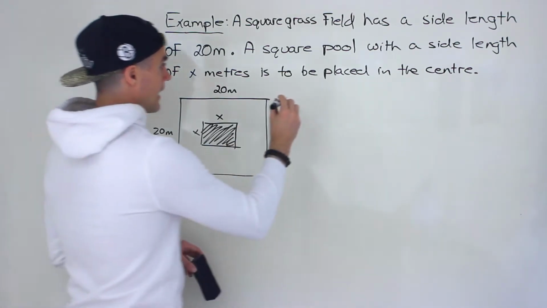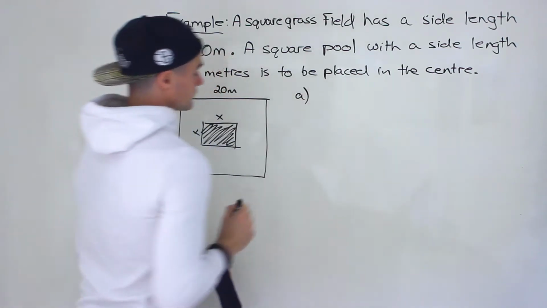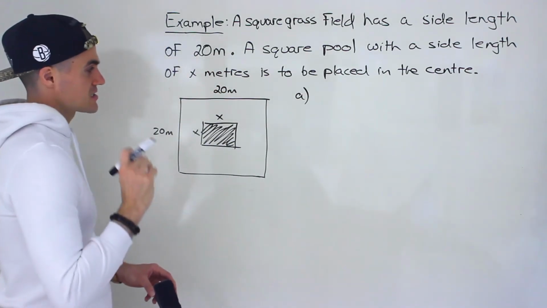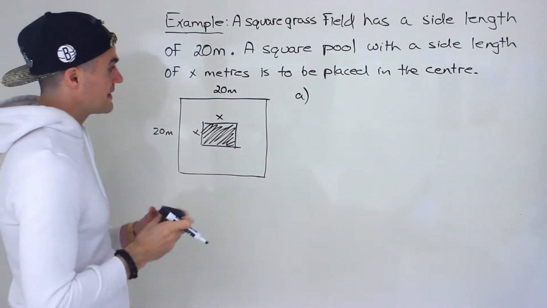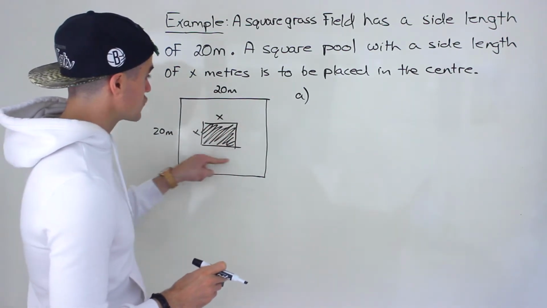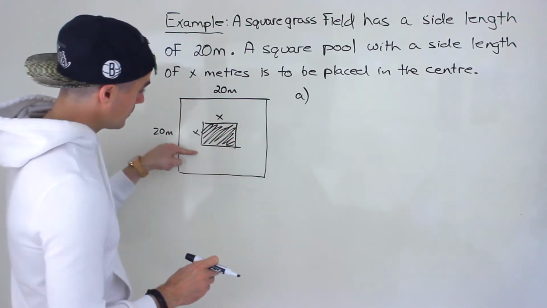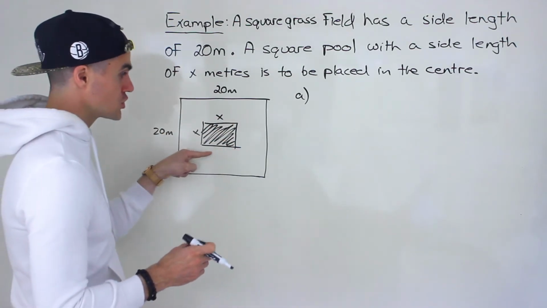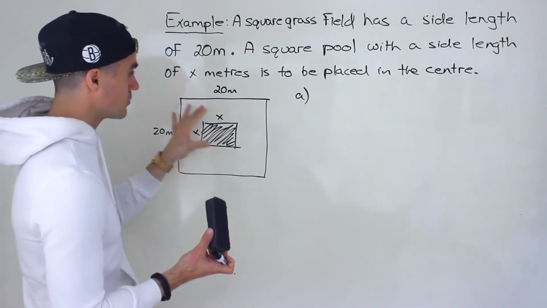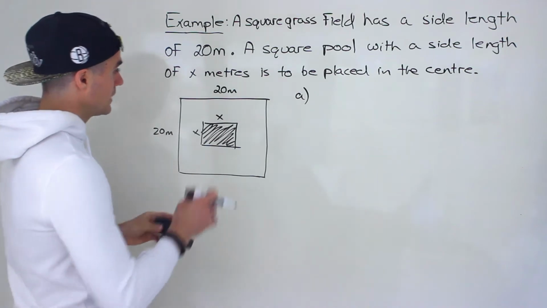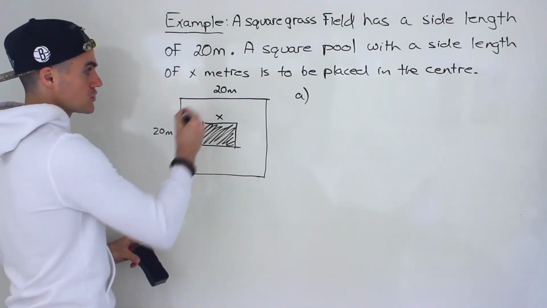Now, in part A, what they're asking for is an expression for the area of the grass that's remaining, which is going to be this part over here, the non-shaded part, after the pool is installed. So how can we get the area of the non-shaded part?